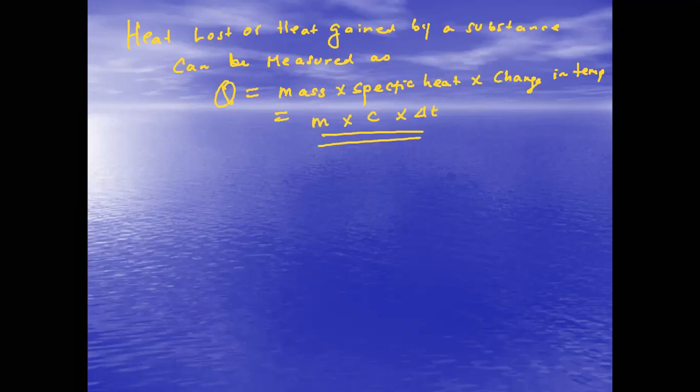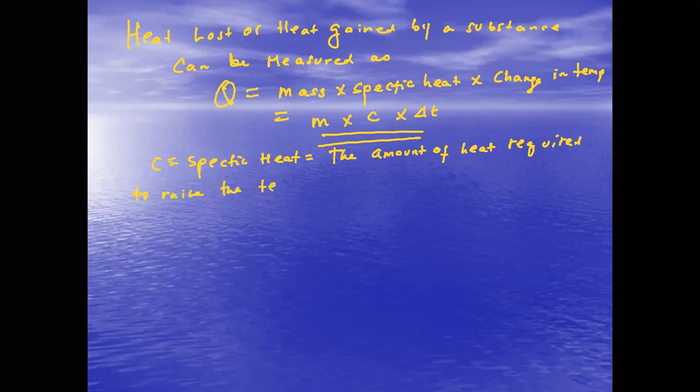C is called specific heat. It means the amount of heat which is required to raise the temperature of 1 gram of a substance by 1 degree centigrade.